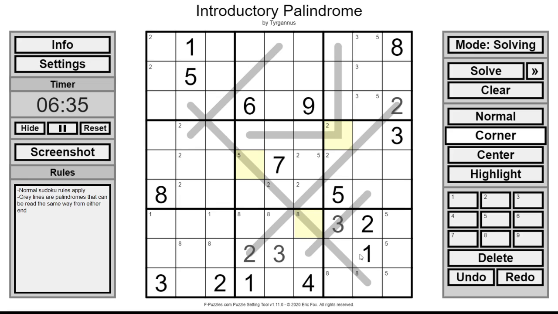Which does put an 8 down here and over there by palindrome rules. That all seems fine. I think 8s can repeat like that as much as they want.